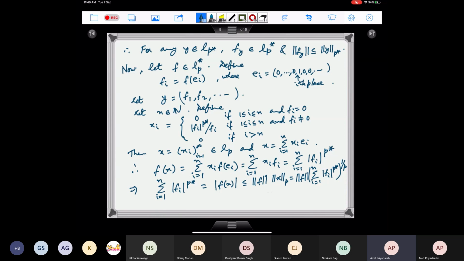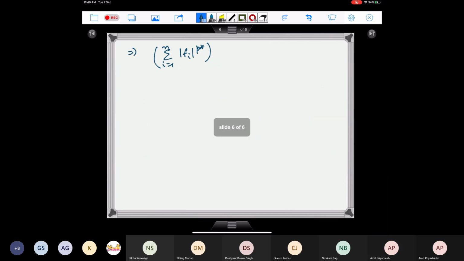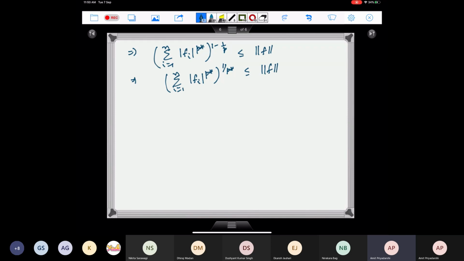So you will get this to the power 1 minus 1 by p. This is less than or equal to norm of f. So that is summation i equal to 1 to n mod fi to the p star, to the power 1 minus 1 by p, which is 1 by p star. This is less than or equal to norm f.